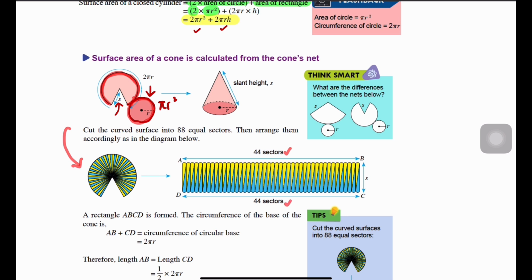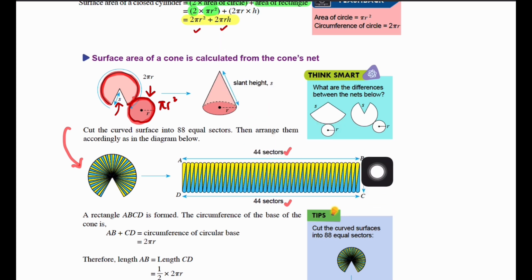Boleh nampak ni kan, biru kuning, biru kuning. So you will have 44 yellow sectors and 44 blue sectors, in total of 88. And then the height is actually S, the slant height before.